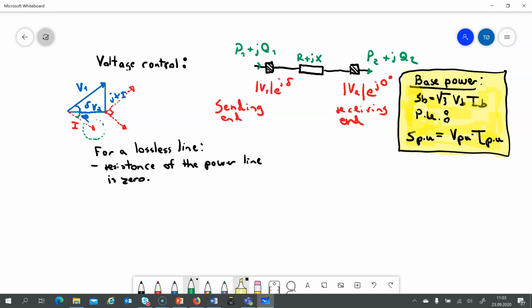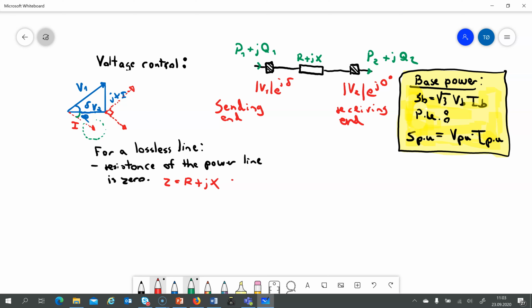We have seen this before, but let's go through how we can develop the equation for the load flow through this small diagram. The focus is voltage control, and as you can see up here we have a transmission line with the impedance. Impedance is Z equal R plus jX.